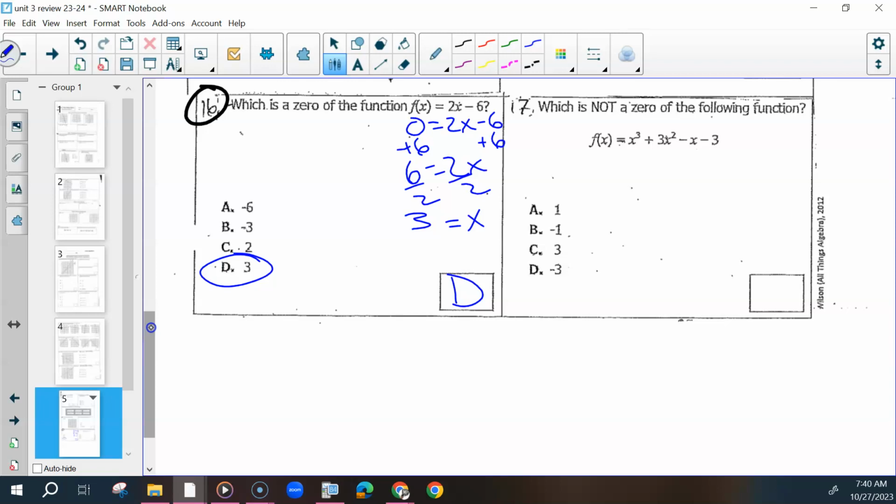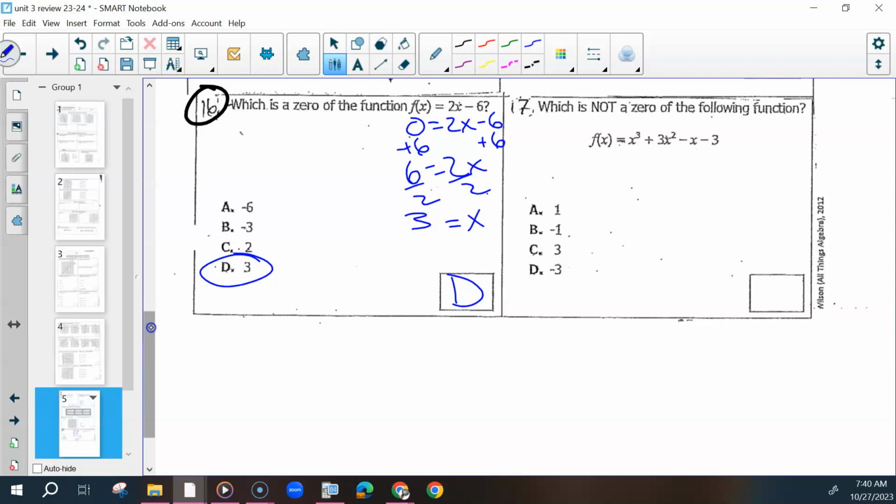Any others on this page? For graphing, some of the graphing aren't actually us graphing, it's more finding the equation that matches the graph.